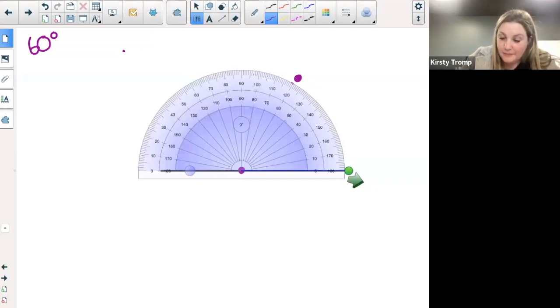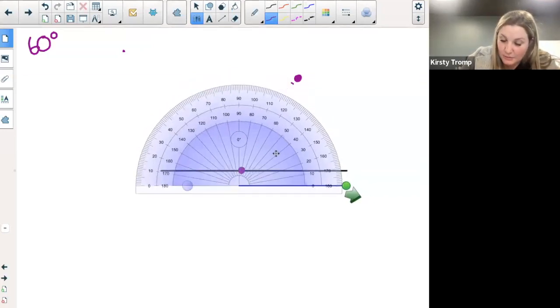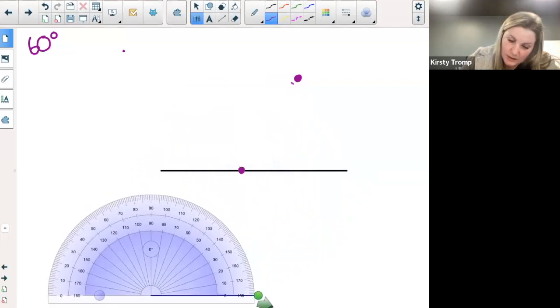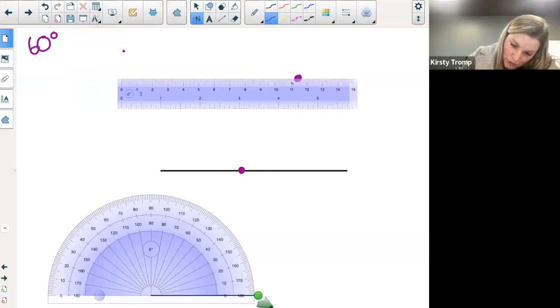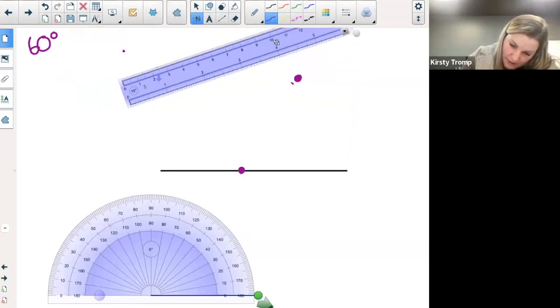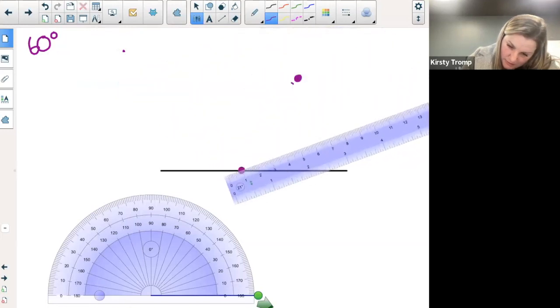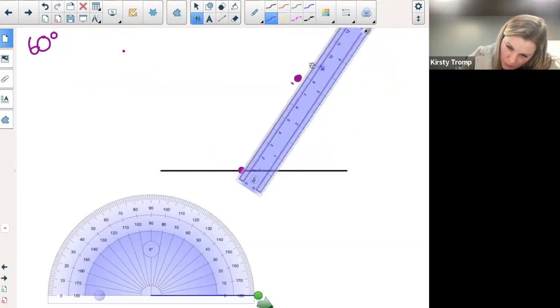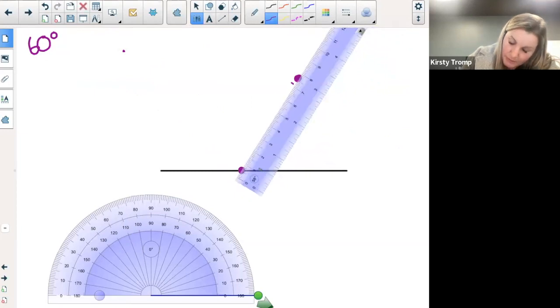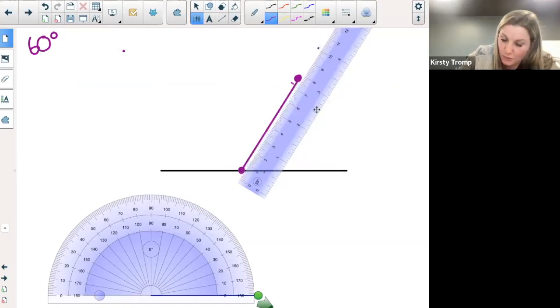All right. Now I need to move them away. I need to grab my ruler. And I need to join these 2 points. There's my ruler, there's my 1 point. Here's my other point. I'm taking my pencil and I'm joining those 2 points.